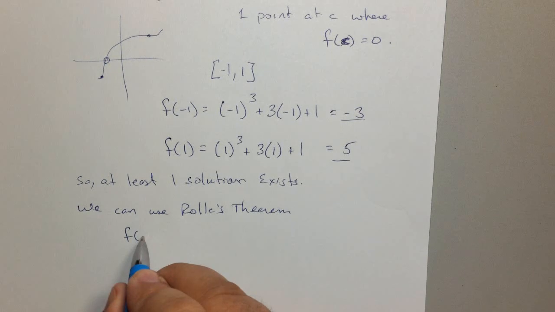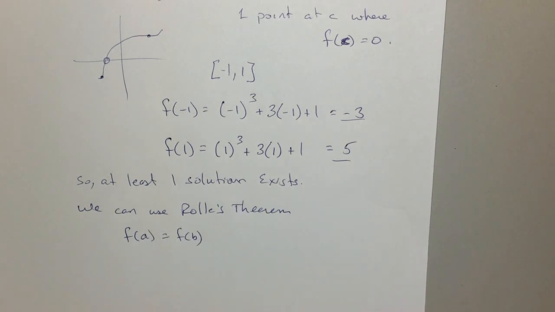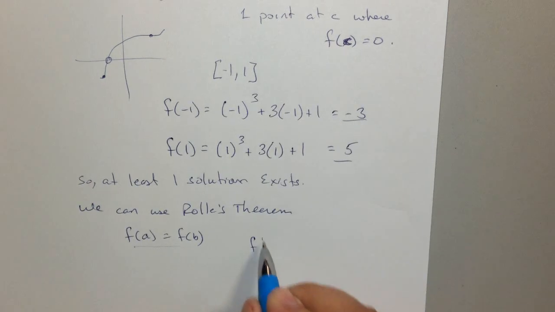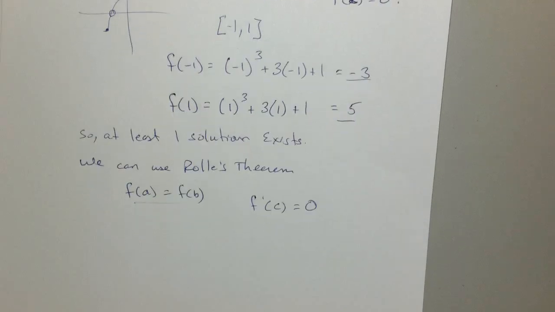Can we find a place where f of a equals f of b? And then, can we find a place where it equals 0?